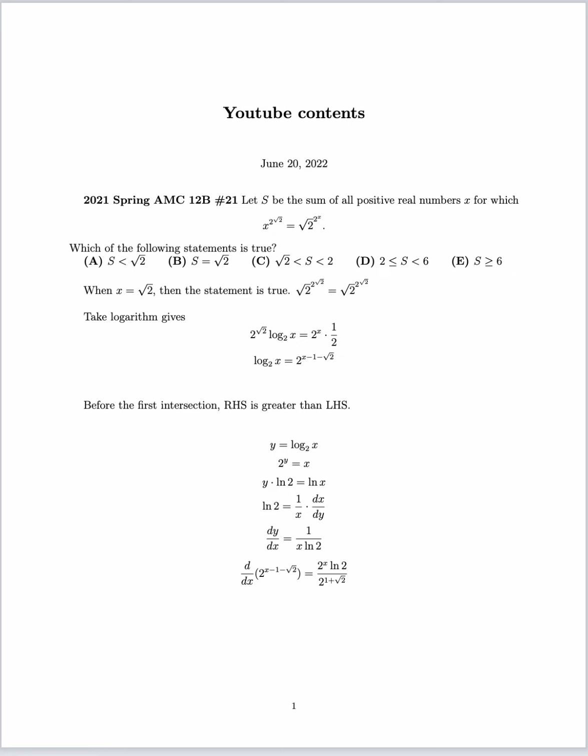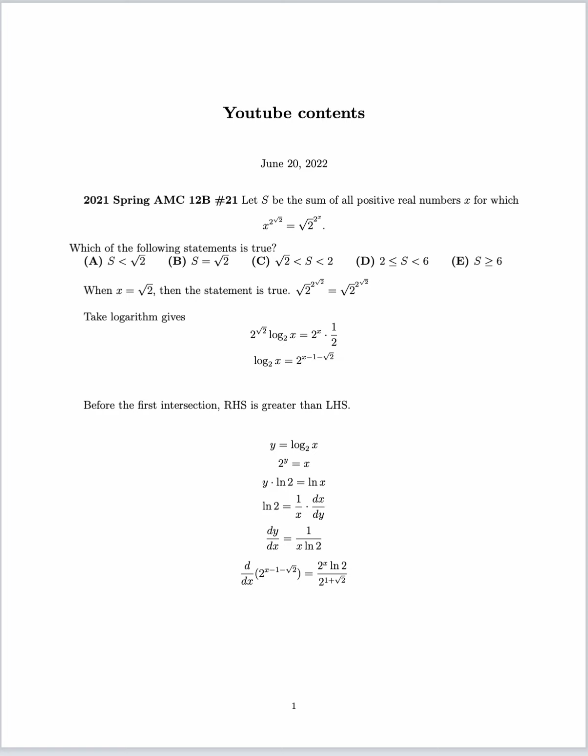The second intersection gives us that it should be between 3 and 4. So if x is equal to 4, then we have the left side be 2, but the right side be 2 to the 3 minus square root of 2, which is greater than 2, obviously.